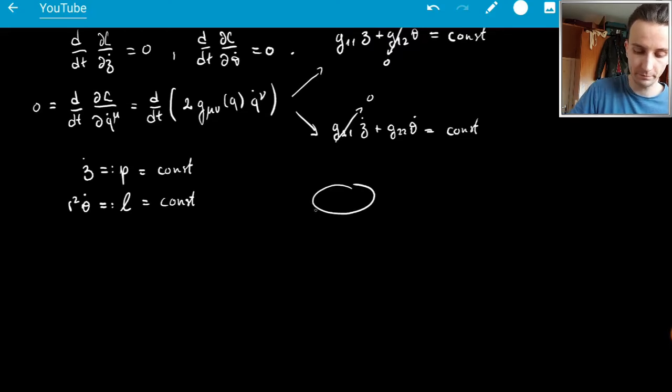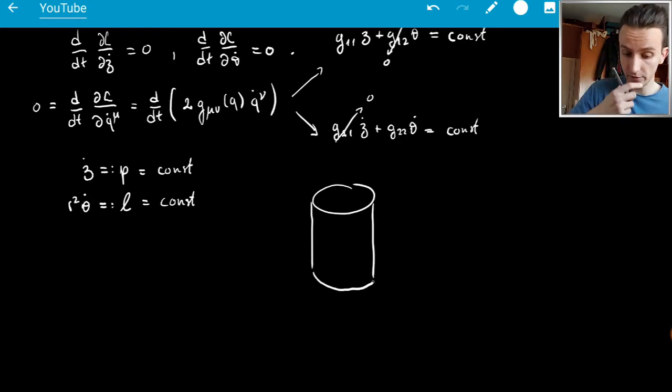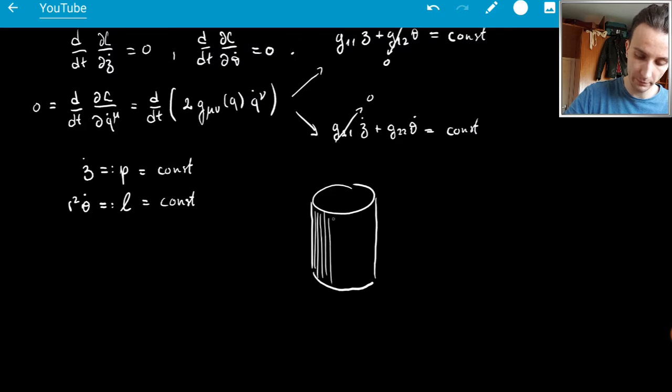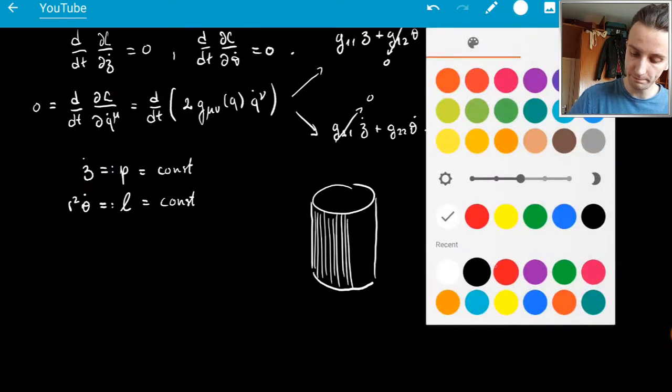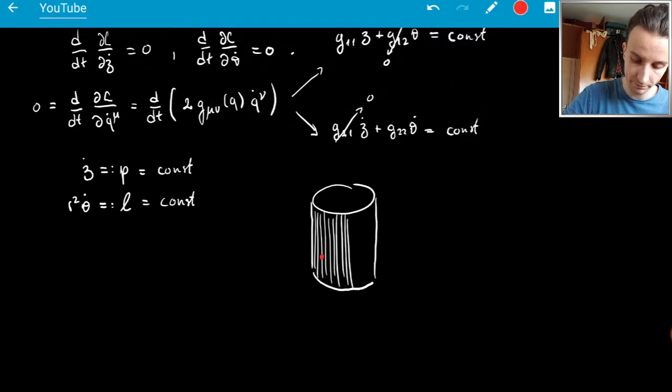So basically, what does this mean? This means that z dot increases linearly with time. So our particle, let me just maybe make it really look like a surface. Our particle, it's going to be red.